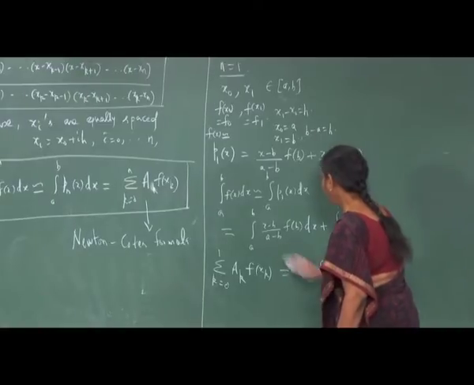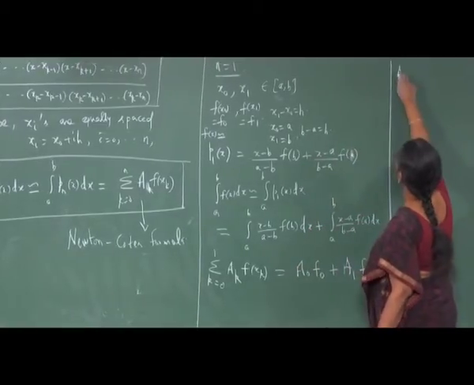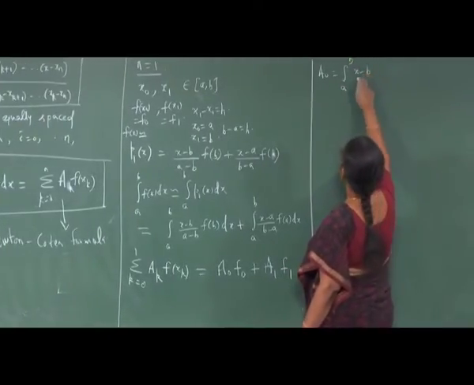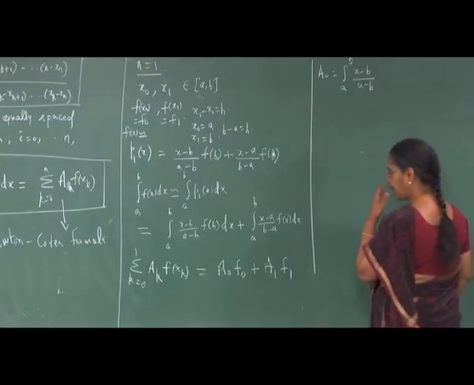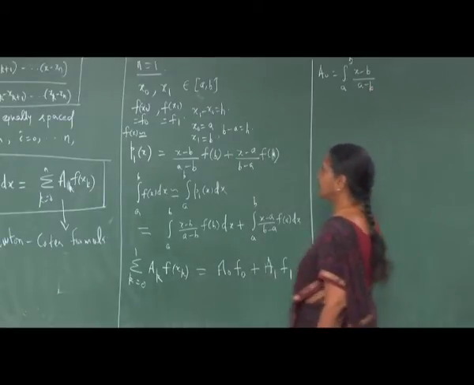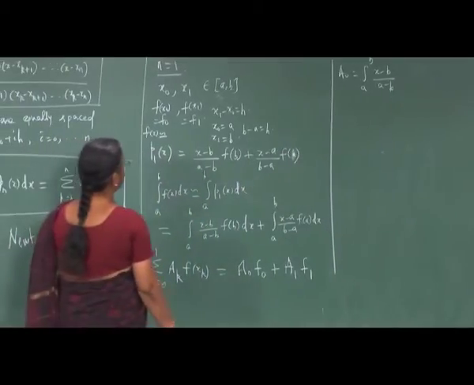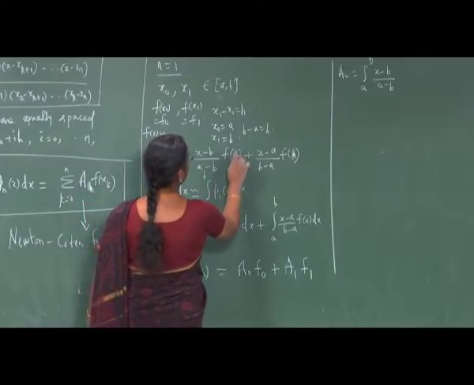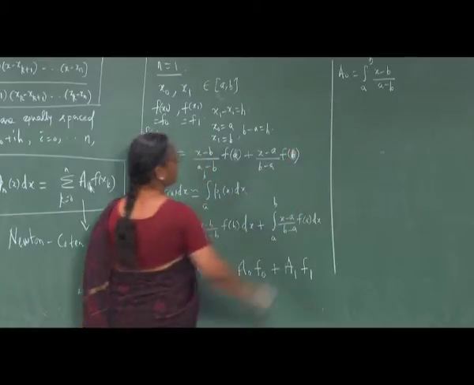So what is a naught? A naught is going to be nothing but integral a to b x minus b by a minus b dx.